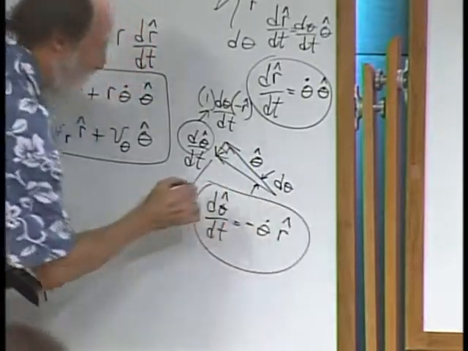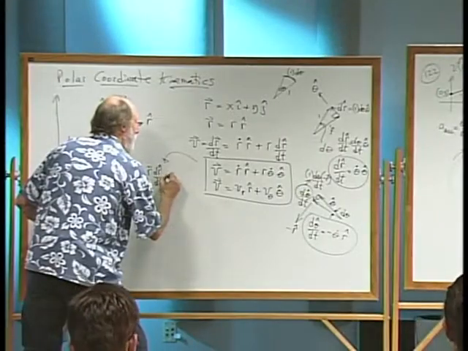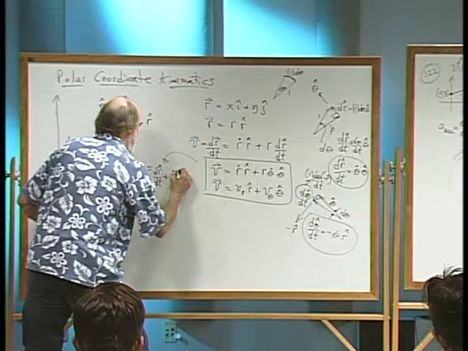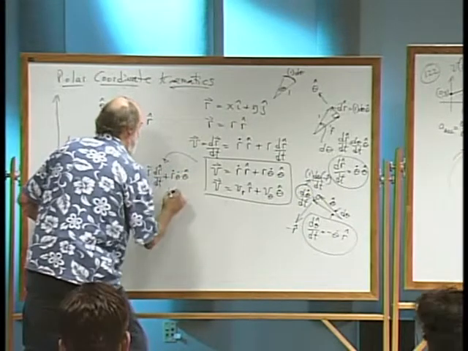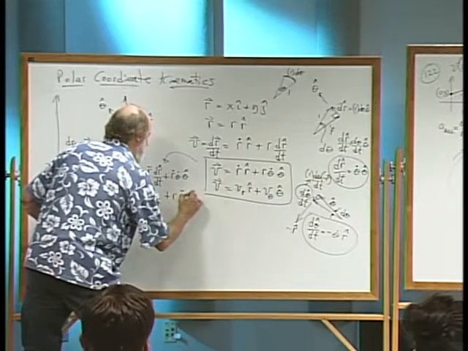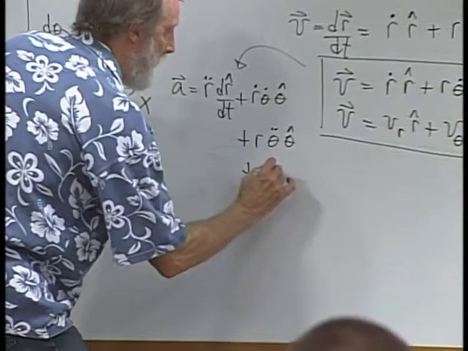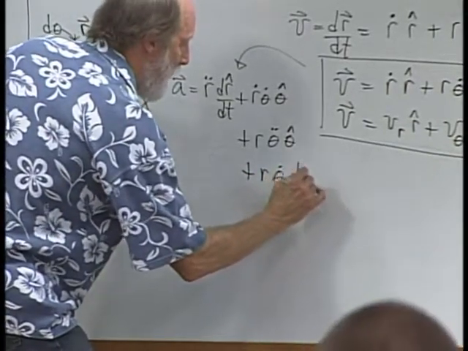So keep that in mind as we crank the derivative here, and I just have 2 minutes to do it. So here we go. The acceleration is going to be r double dot r hat plus r dot dr hat dt, plus r dot theta hat plus r theta double dot theta hat plus r theta dot d theta hat dt.